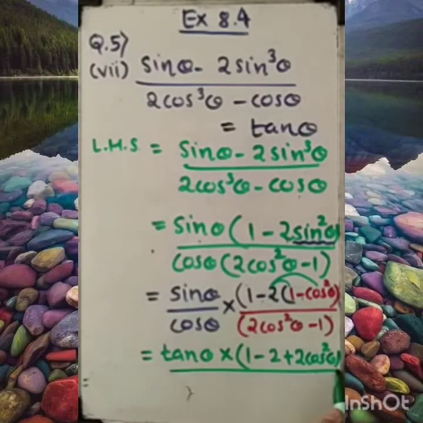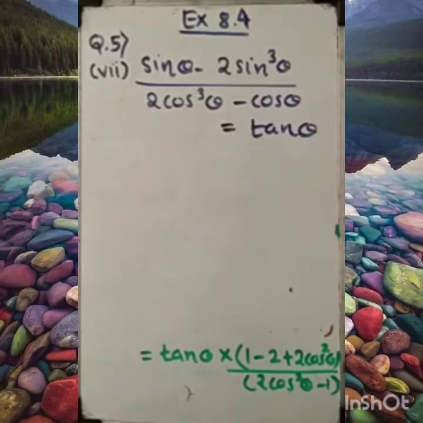Upon denominator, this much is sine upon cos, tan, already done. Now this side here it will be 2 cos square theta minus 1. Now in the next step, if you observe carefully, we are writing the next step further. Let's continue the same question.